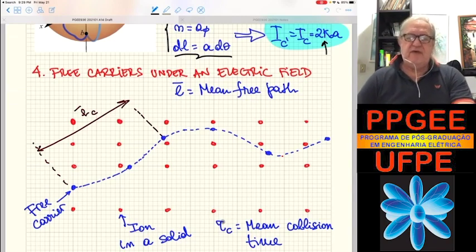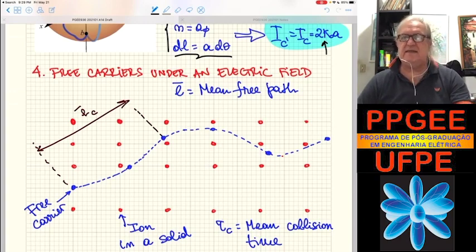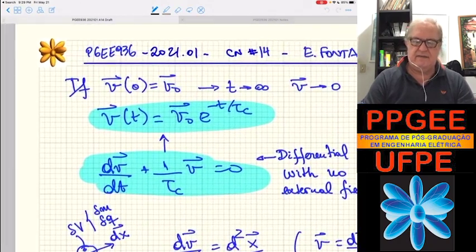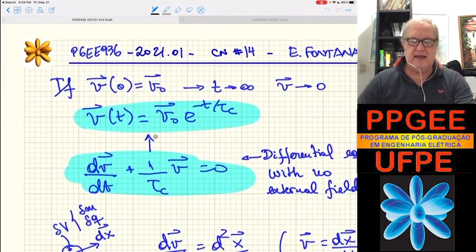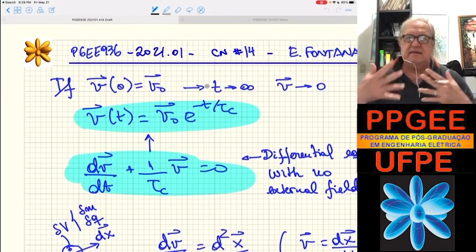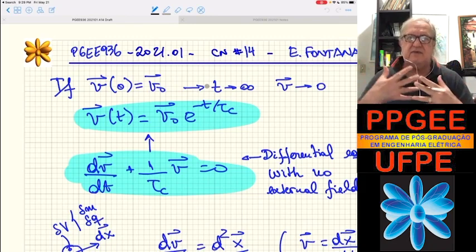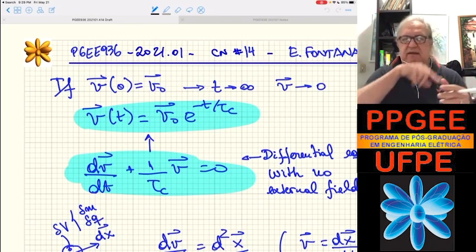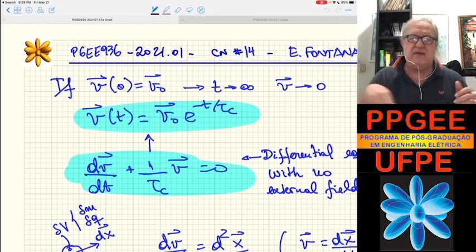So if you assume that initially the average velocity is different than 0, we expect that because different carriers move in different directions. They have different collisions, so the vector sum of all the events after a certain time is going to go to 0.